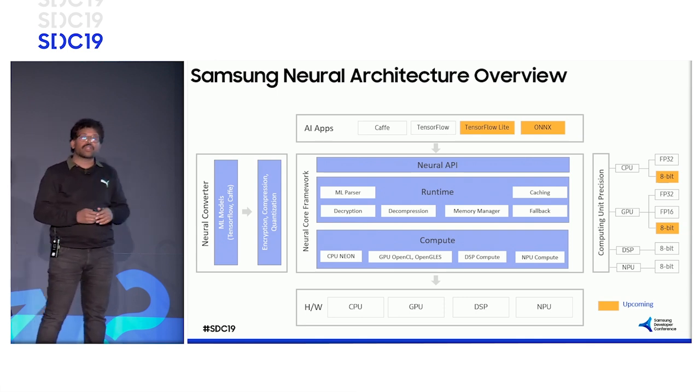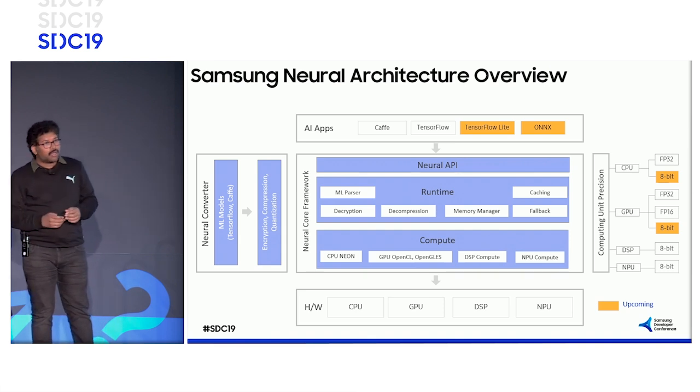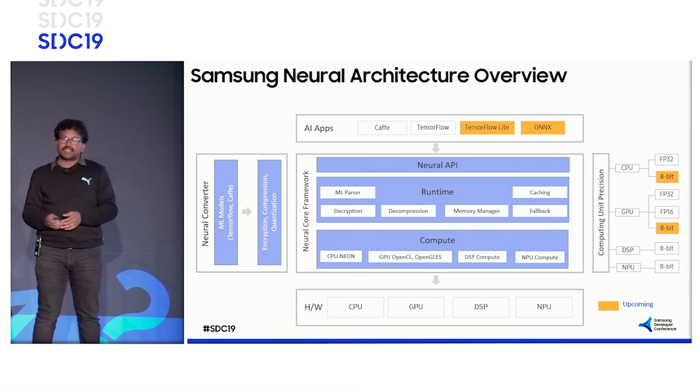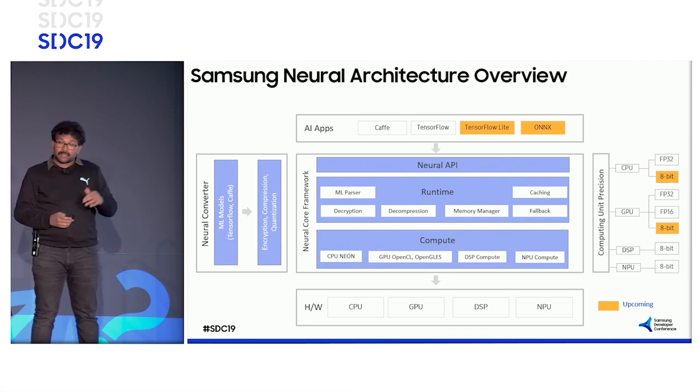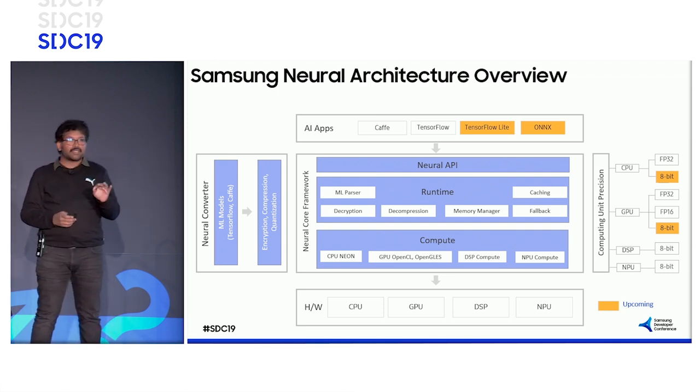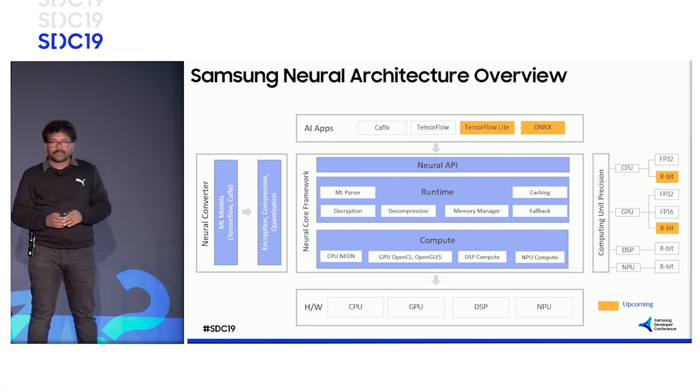And third one, quantization. Recent generations of hardware like DSP and NPU are only capable of supporting 8-bit fixed point. So that's the reason quantization becomes essential. But the potential drawback of this technique is a slight degrade in accuracy, which is more or less important depending on the application.